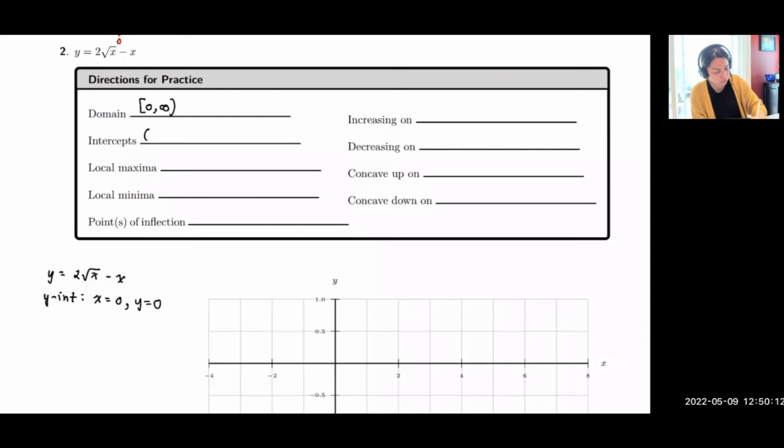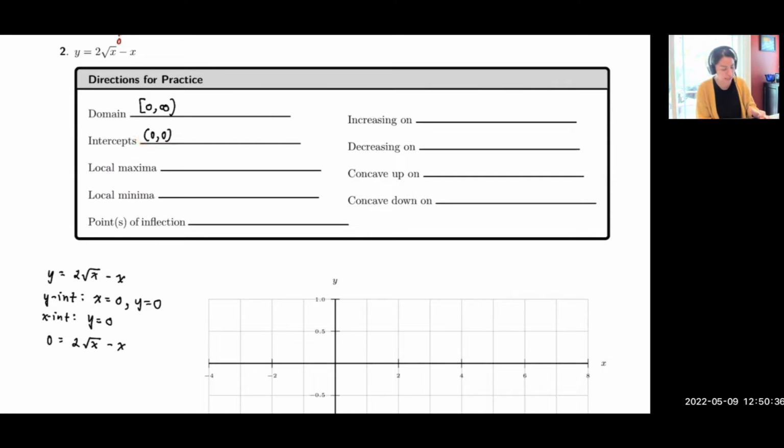So you do have a y-intercept of (0, 0). For x-intercepts, that's when you let y equal to 0. So if 0 is equal to 2 square root x minus x, then we would have to find those x values. Well, we do know one of them is already here because that's the origin, right?